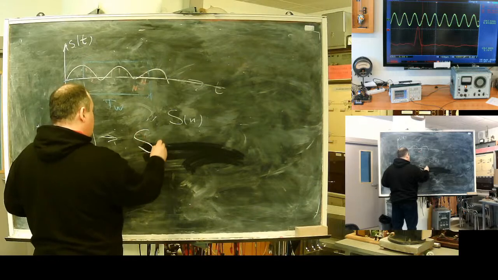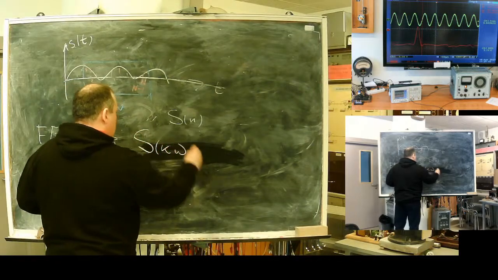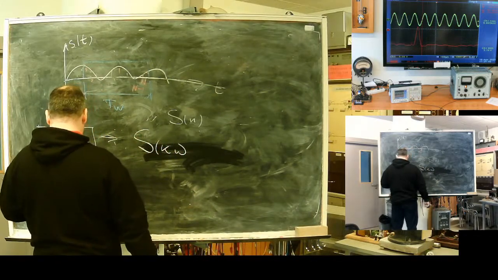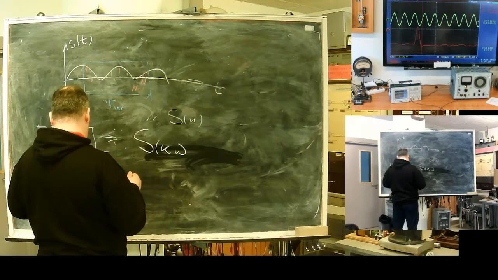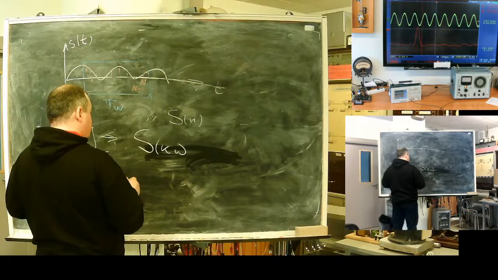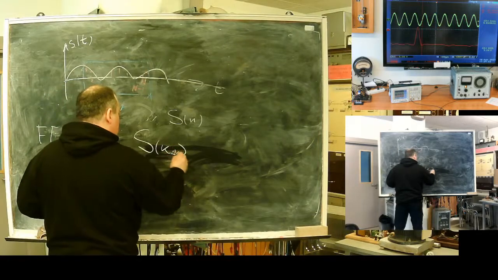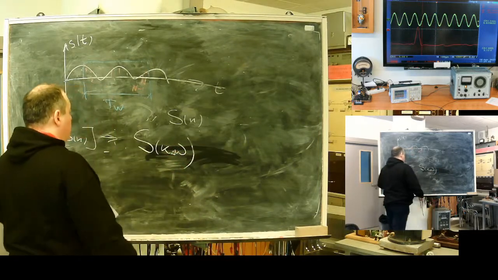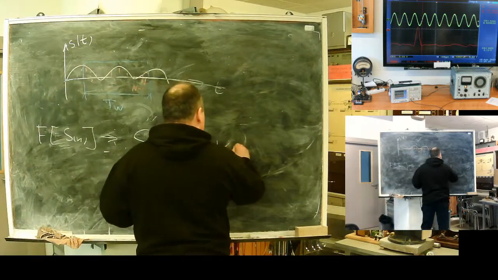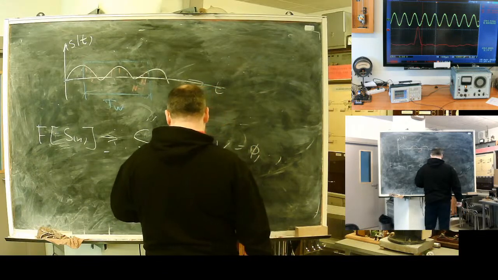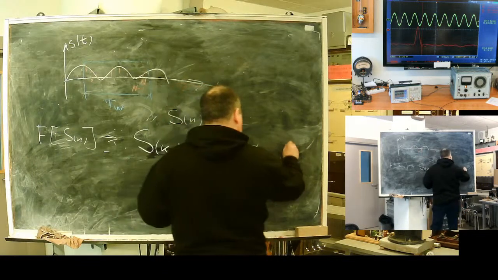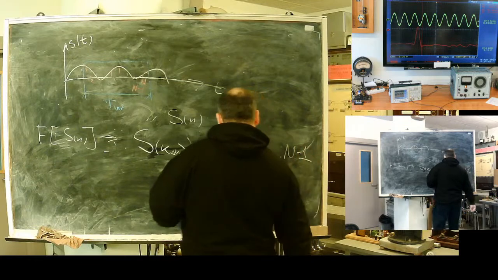So the signal will be a function of some k delta omega, let's say, where k goes from 0, the DC regime, to N minus 1.